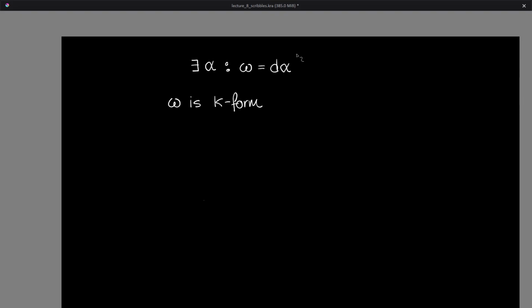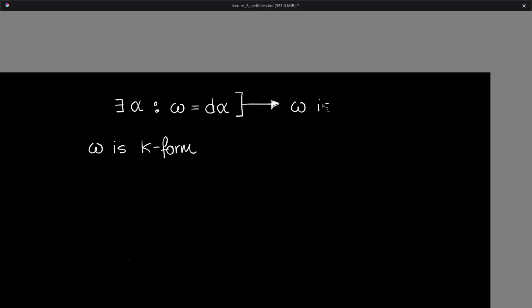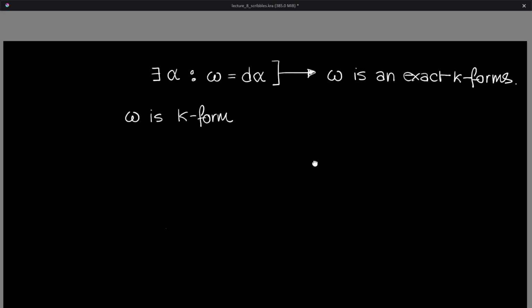If this is true, then omega is an exact K form. And we'll get to what exact means in this situation in a little bit.